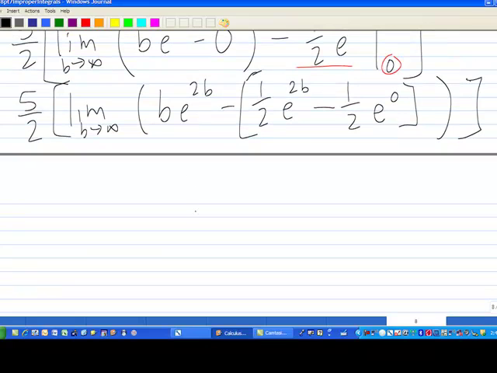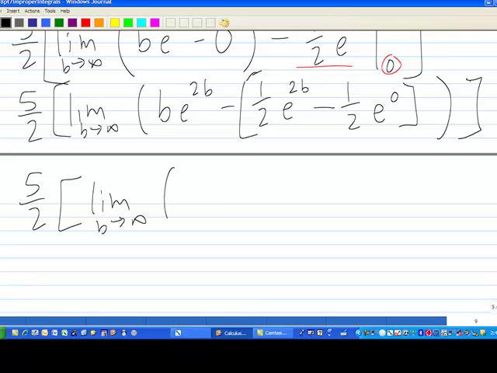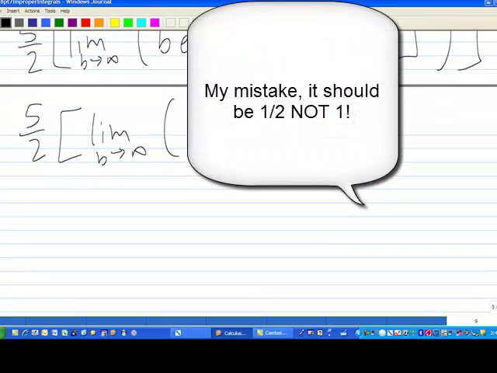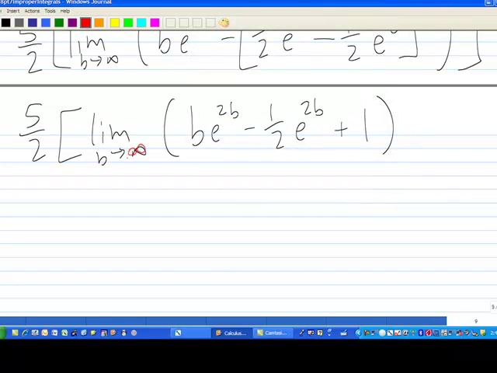Look what happens in this next step. We simplify it out. It becomes 5/2 times the limit as b goes to infinity, b e to the 2b minus 1/2 e to the 2b plus 1/2 e to the 0 is just 1. Here's the problem. We're plugging in infinity. We're plugging in very large numbers for b. When we do that, we're going to get e to a very large number minus 1/2 e to a very large number.